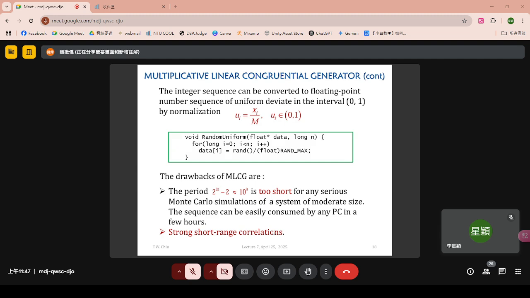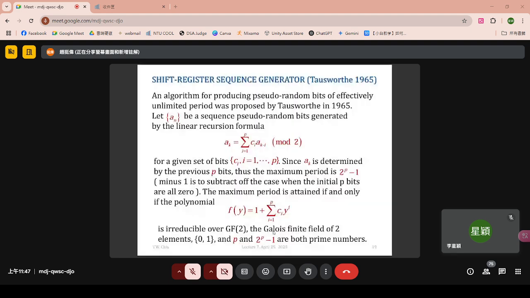So there's another algorithm, which is a better algorithm, and it starts from the shift vector sequence generation.